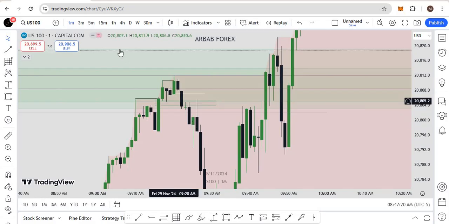See here, when my mouse comes here, 2798.8. Now see the high of this black candle. The high will be here, 2798.8. Did you see this? Are you thinking it is something random? No, bro.